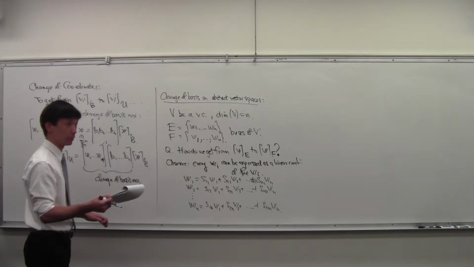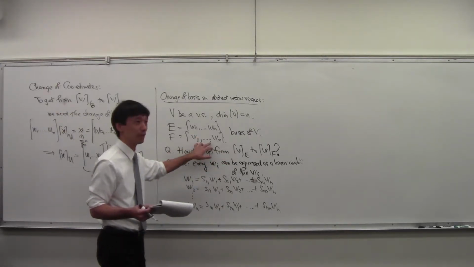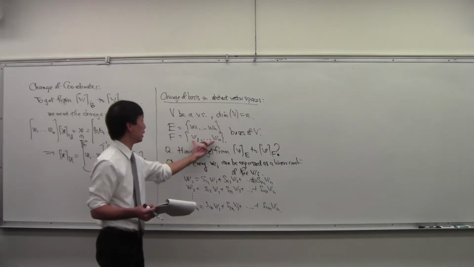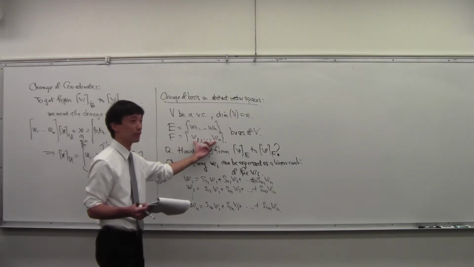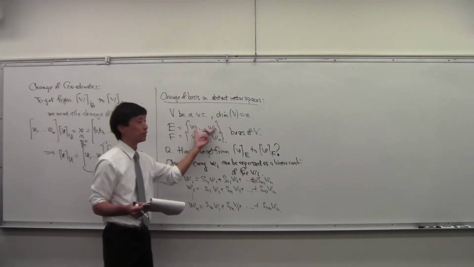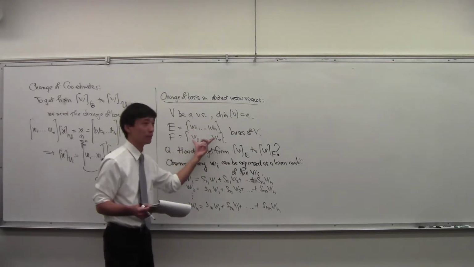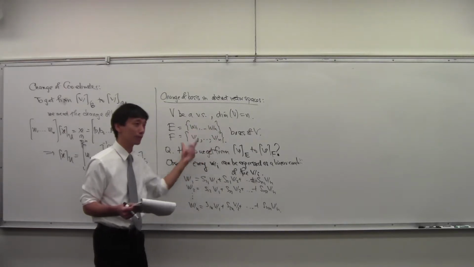Why is that true? Why can everybody be expressed in terms of the other guys? Because this is a basis of your space, and each of these vectors is in the space. They're both bases, so each one can be expressed as a linear combination of the others, and vice versa.